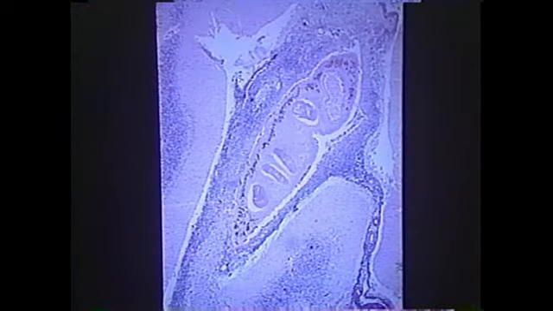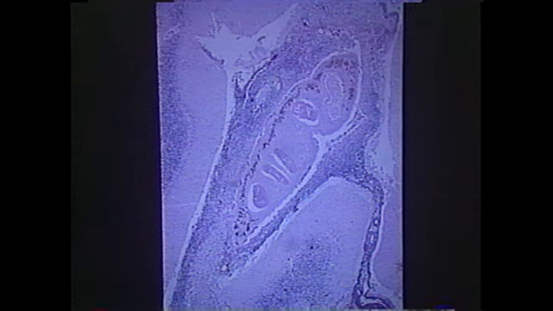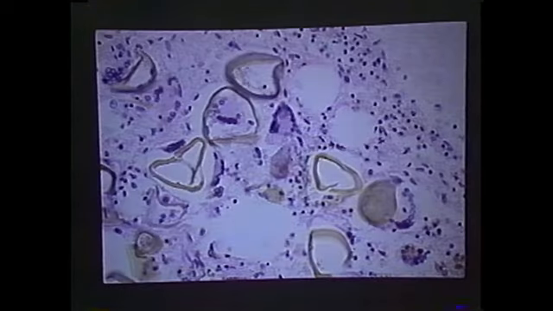This was the result of a fluke, Nasitrema in particular, and we are looking at a section through the brain and in particular the cerebellum, where in the meningeal area an adult fluke is seen embedded by an inflammatory reaction, and many fluke eggs are also appreciated.